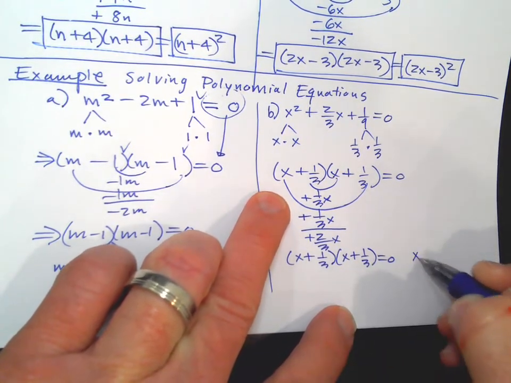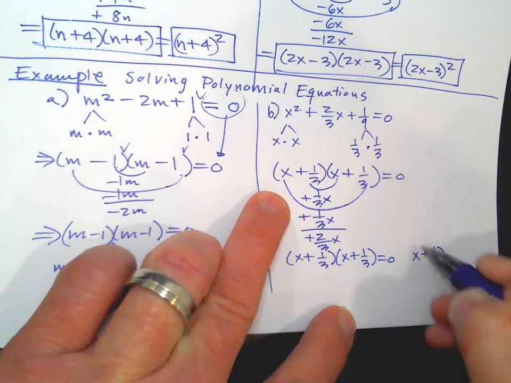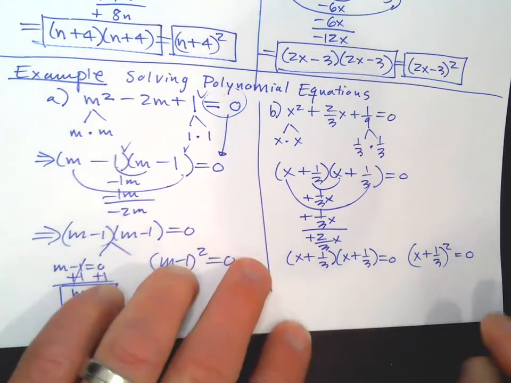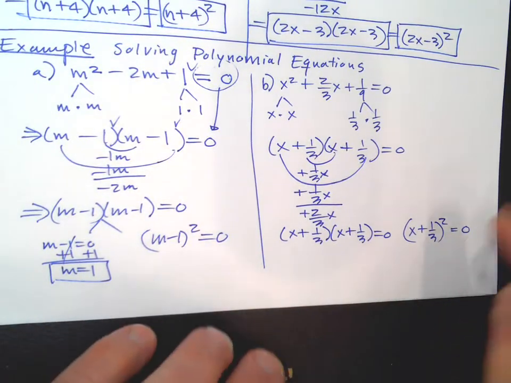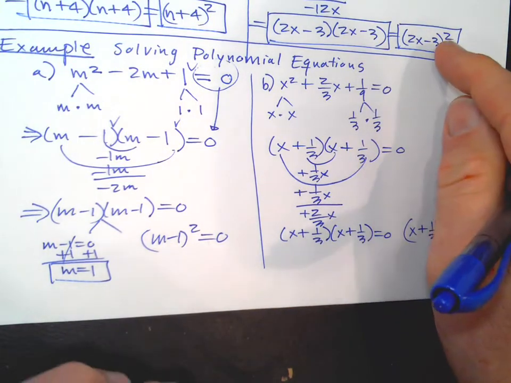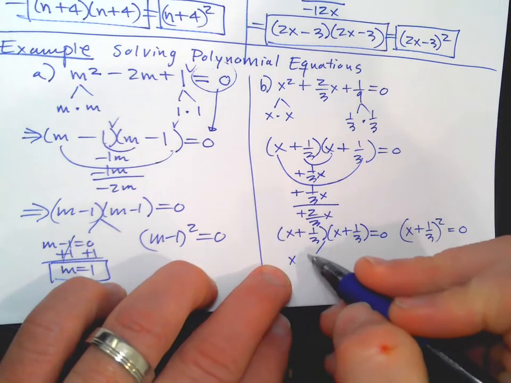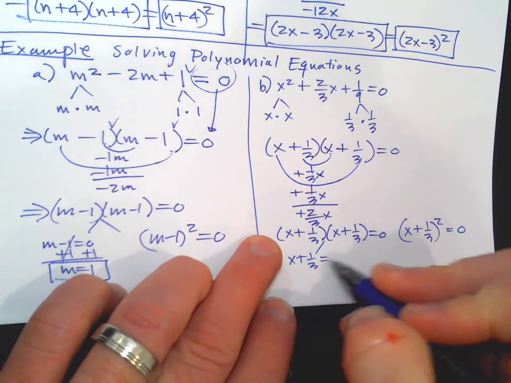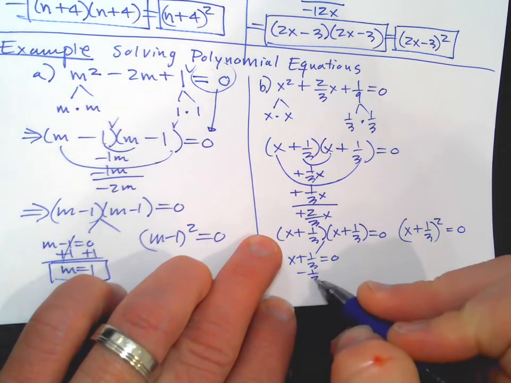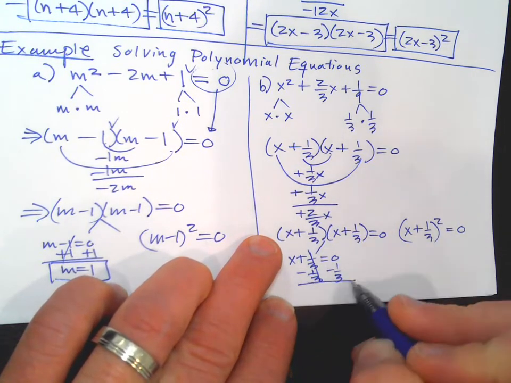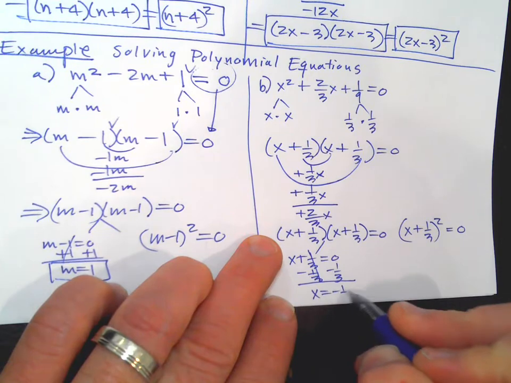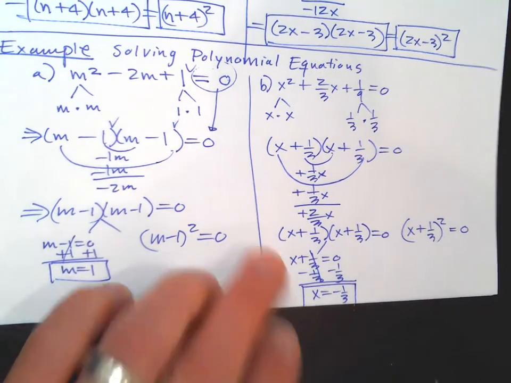You could write it x plus 1/3 squared equals 0. Not as helpful as up here where that's our final answer. Here it's not our final answer. Set one of them equal to 0. Since they're the same answer, we don't need to do them both. Usually you do them both. Usually you get an answer here and an answer here. You usually get two answers. But it's a repeated answer.